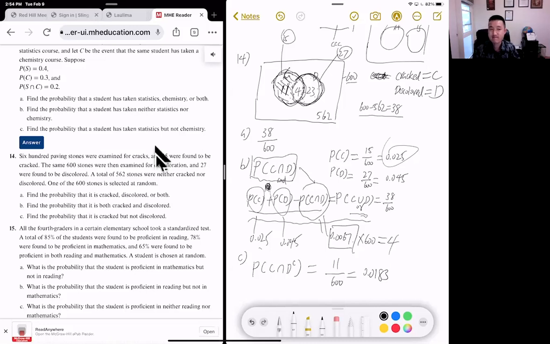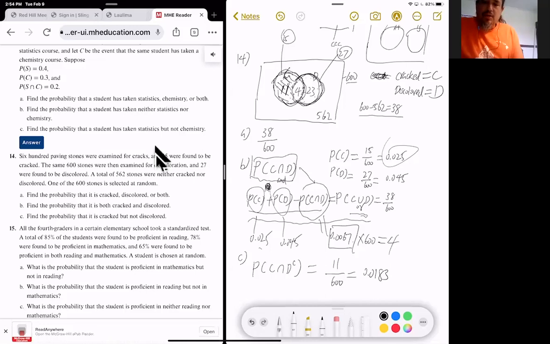Questions? This problem was similar to the other one. It's slightly different, but you could set it up where it's P(C) minus P(C and D)?